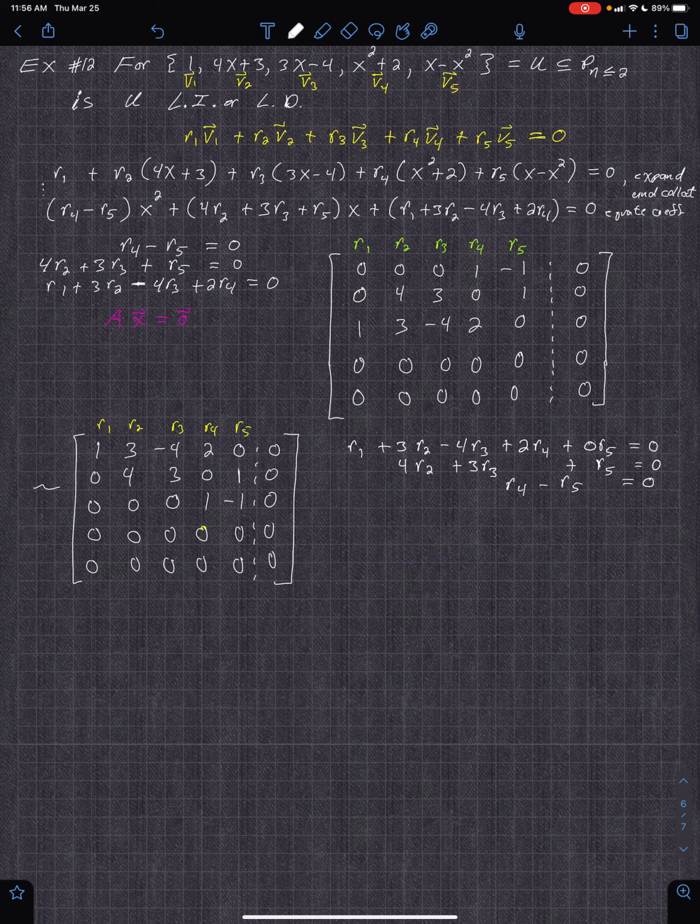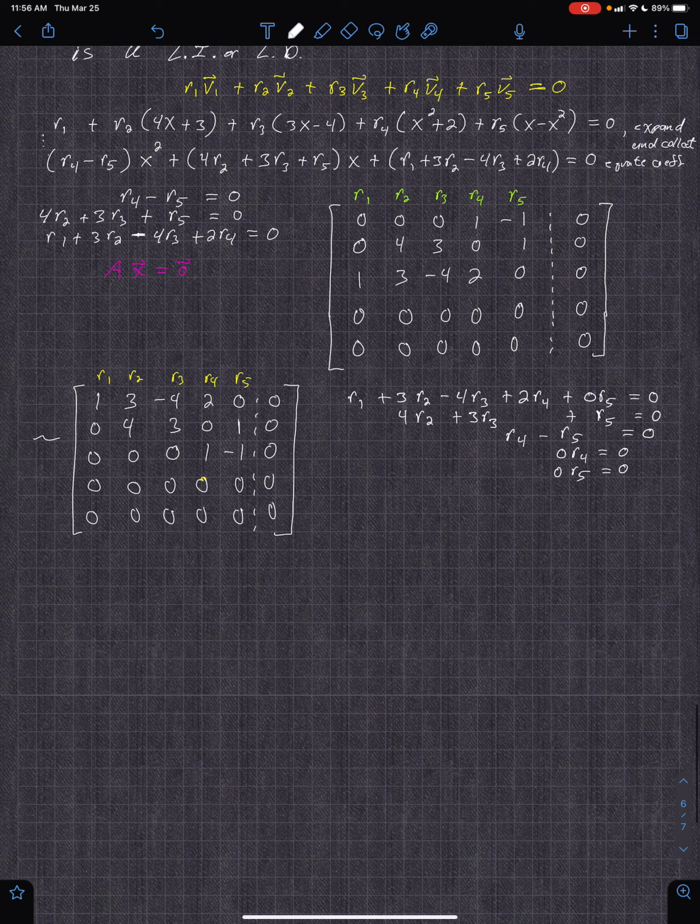So R4 equals R5, but we also have R4 and R5 can be anything. So there can be anything, but they're the same. So we have 0R4 is 0, and 0R5 is 0. So we basically have here, I guess I put this in here. So I have 0R3 is equal to 0.